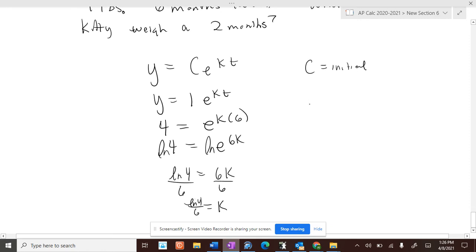So we want to know the weight at 2 months. So y equals e to the ln of 4 divided by 6 times 2 months. So y equals e to the 2 over 6, which is 1/3, ln of 4. Oh, that's nice.